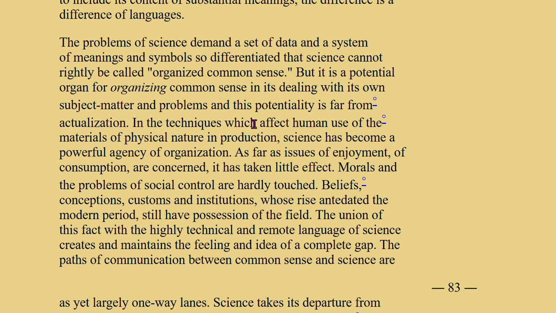In the techniques which affect human use of the materials of physical nature and production, science has become a powerful agency of organization. So science has had a big effect, for example, on industry, right? Even long before Dewey's time, in the rise of people like, the names of the big industrialists are escaping me at the moment.